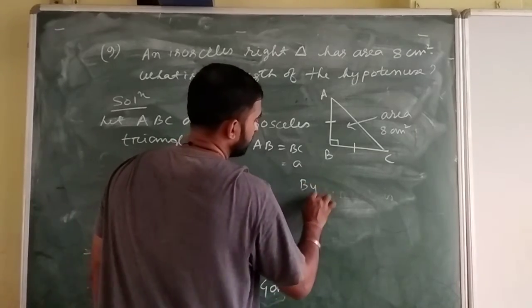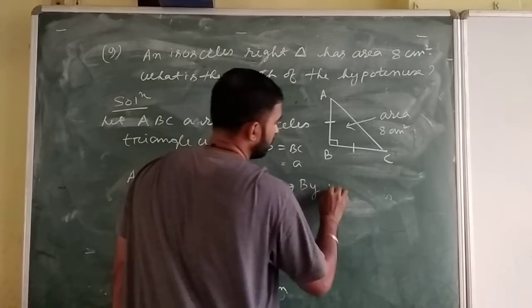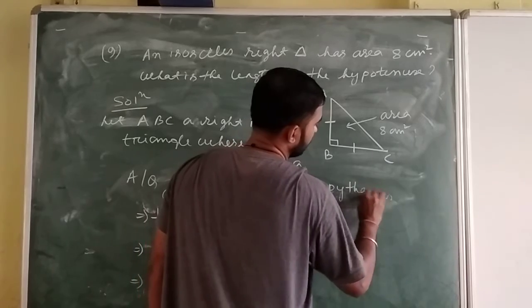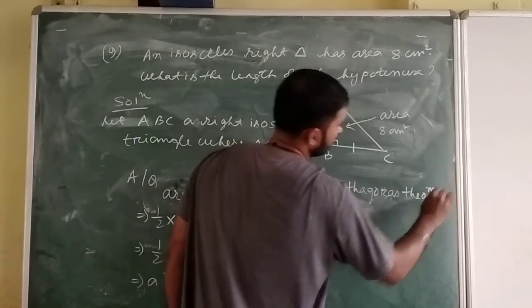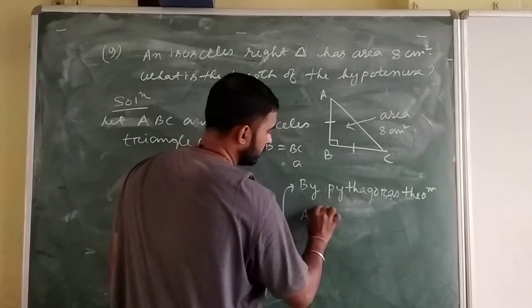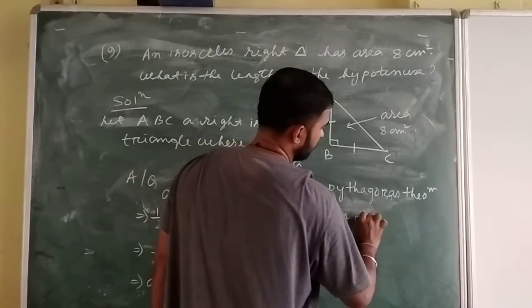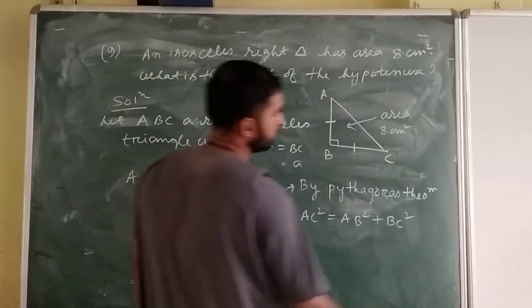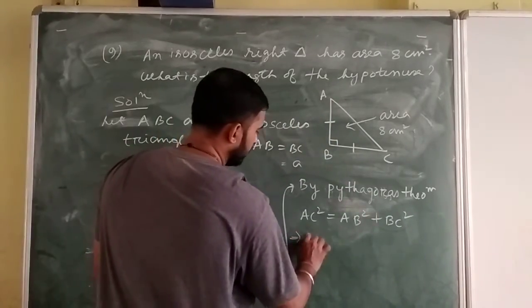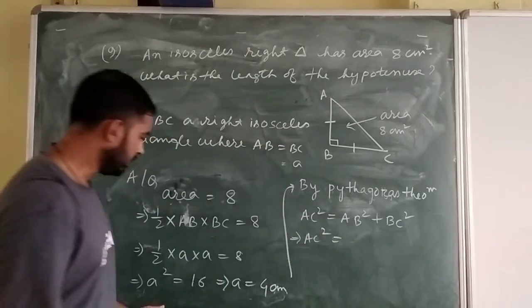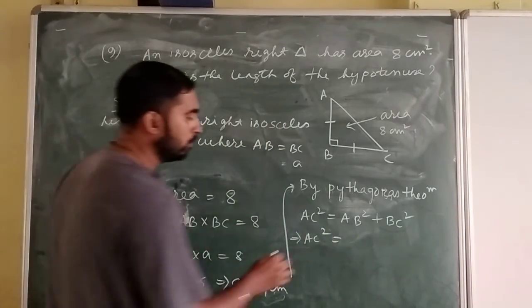Next, by Pythagoras theorem, AC squared equals AB squared plus BC squared. AB equals 4, BC also 4.